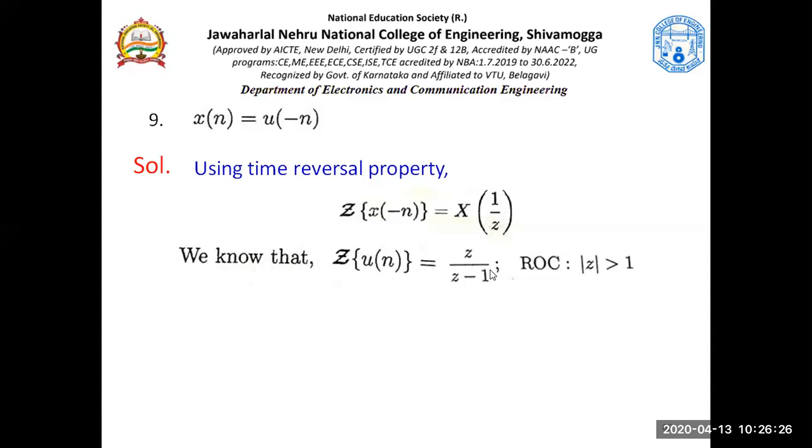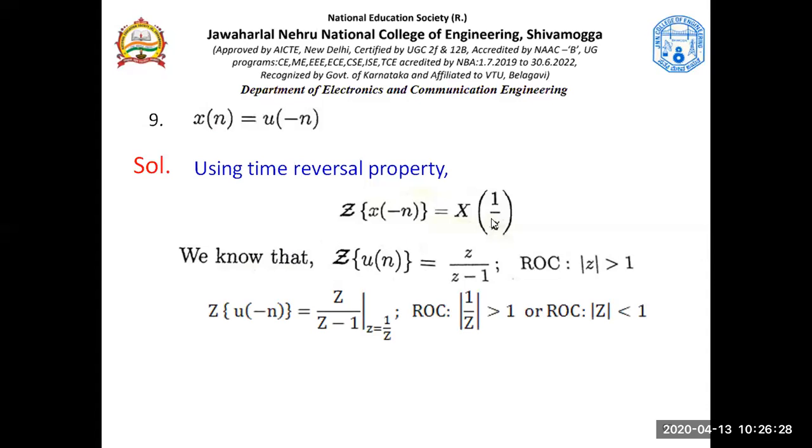See here, the z transform of u of minus n is the z transform of u of n, where z is being substituted by 1 by z. This is the z transform of the basic signal u of n, where z is being substituted as 1 by z.